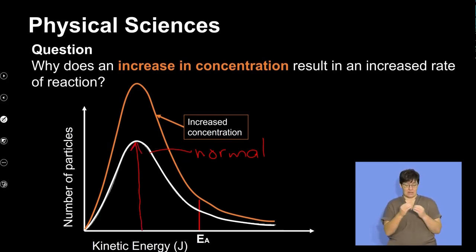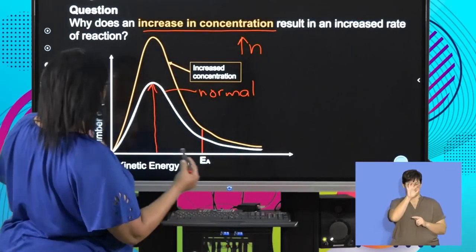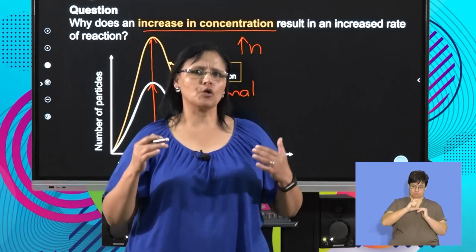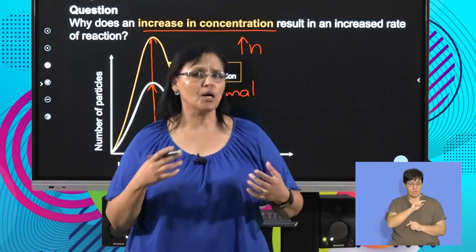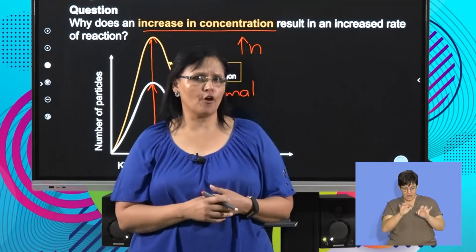But when we have an increase in concentration, we now have an increase in the number of moles, so the number of particles is now more than before when we had a lower concentration. So if you look at the peak here, your curve is now a little bit bigger than before. And that bigger curve is because of the greater number of moles, the more particles that we have under the graph, in the area of the graph.